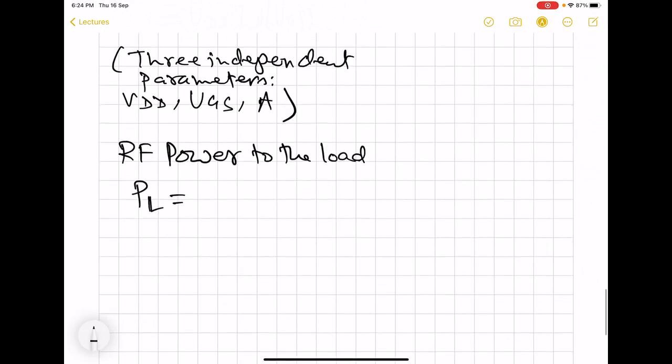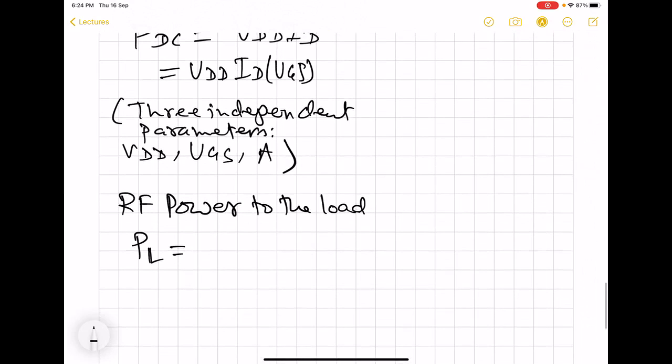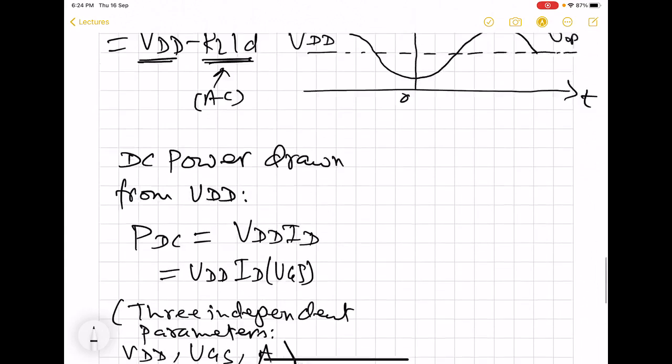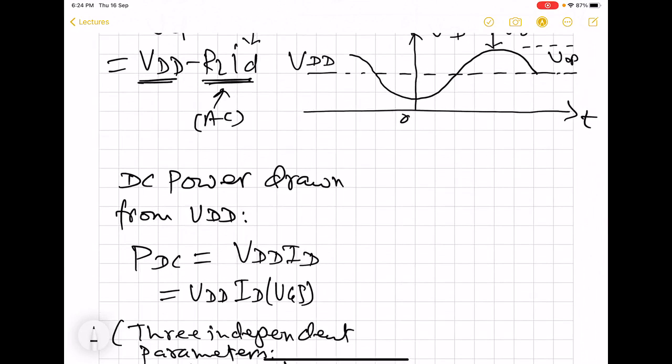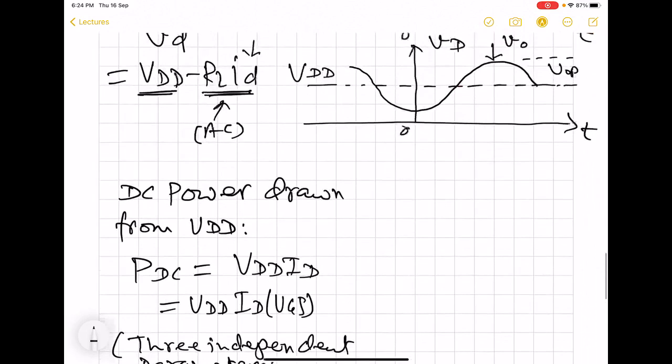So let us write this in terms of, say, IP, in terms of this ID, whose amplitude is IP. So this ID is IP cos omega t.